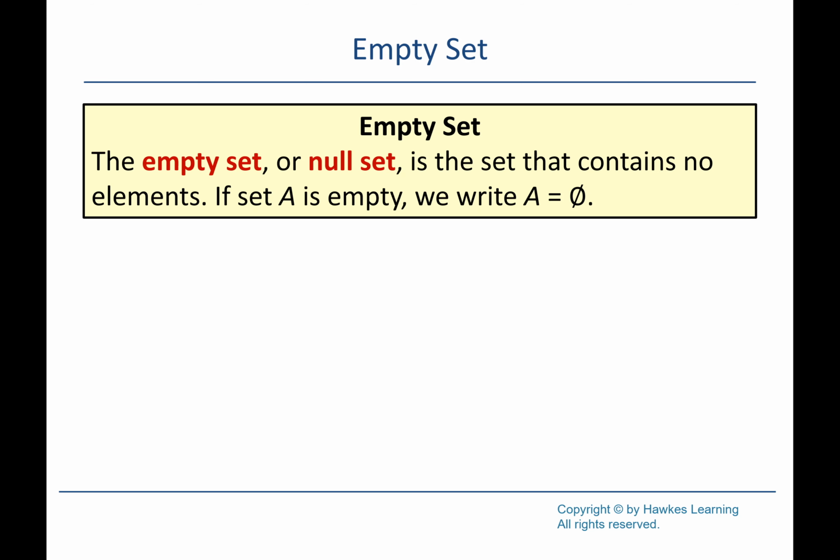It's just the set that has no elements, no members. Our symbol for the empty set is just like an O with a slash through it. When I write that by hand, it looks like that. That's the empty set, has nothing in it.